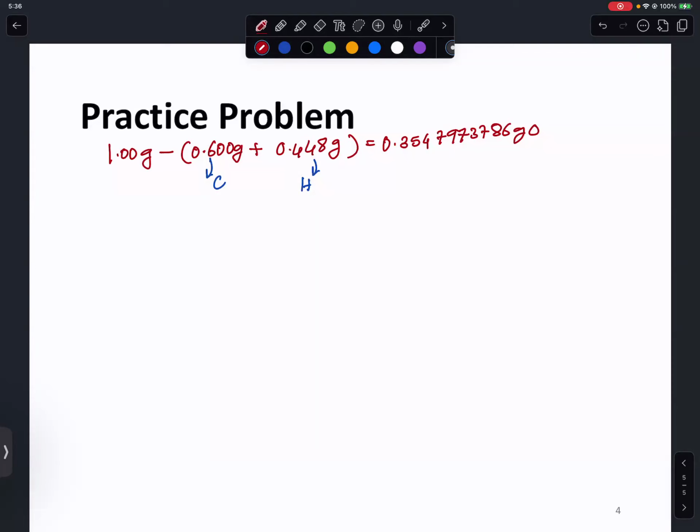Now, starting here in this point of the problem, it becomes very similar to the empirical and molecular formula problems that we've been doing with percent composition. So I will lay them out for you here.